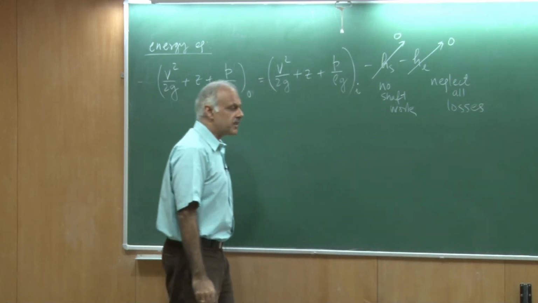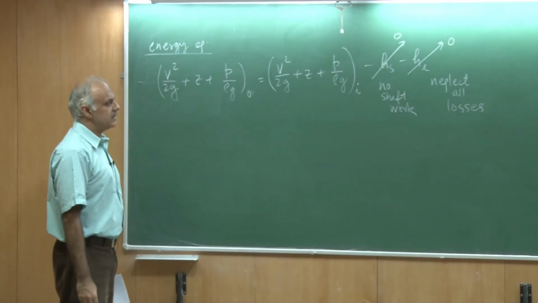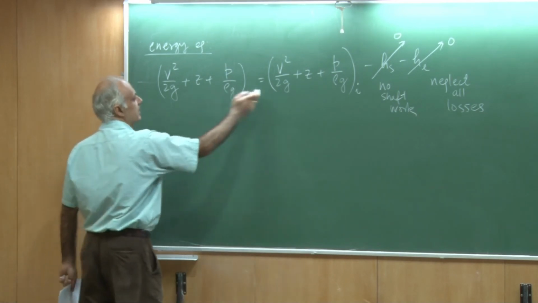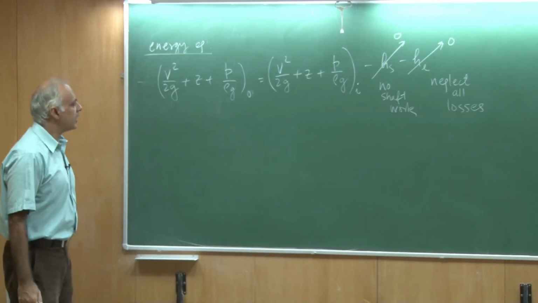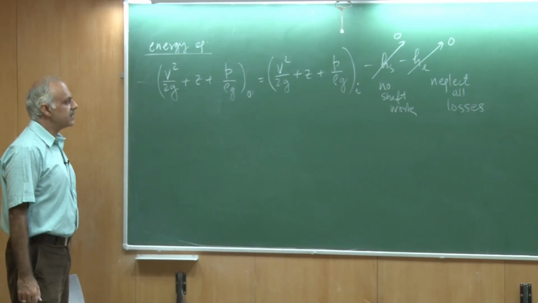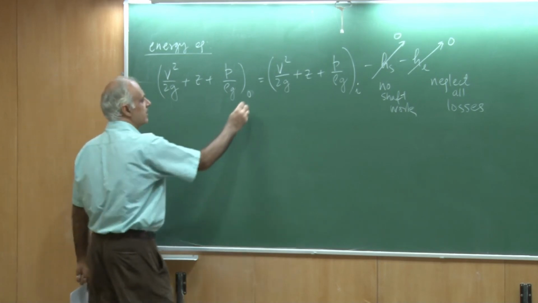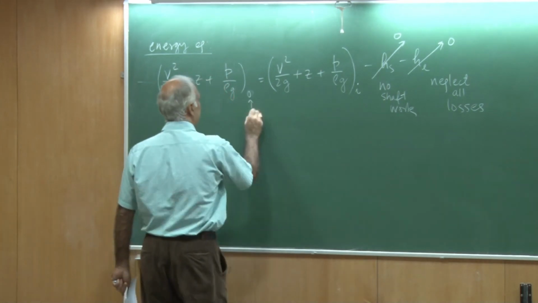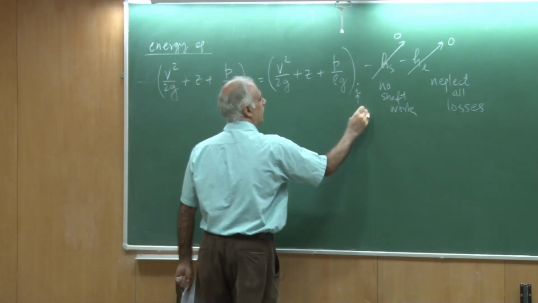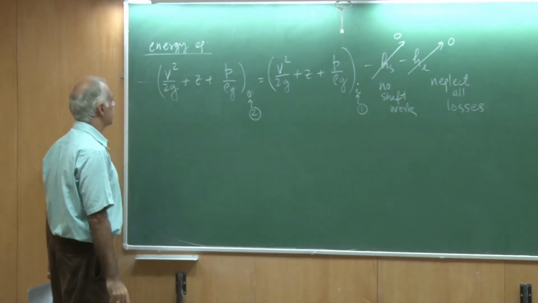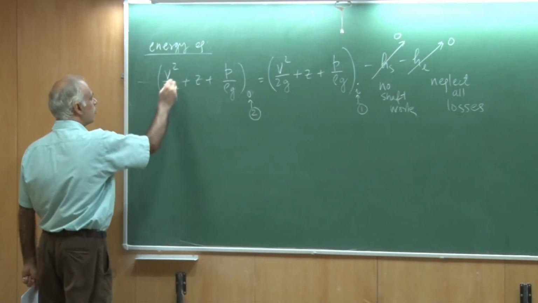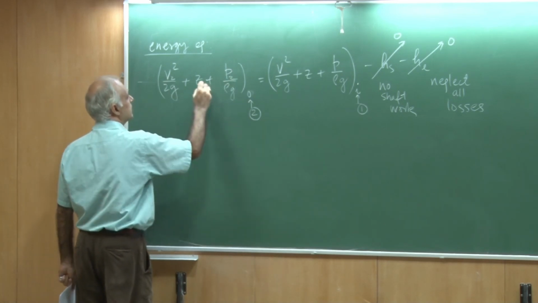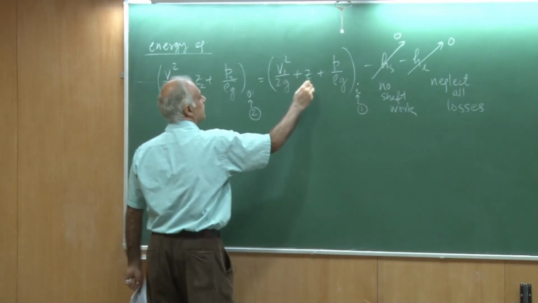So we are going to assume that there is no viscous loss, there is no other loss that could take place, and therefore the mechanical energy at the outlet, which is port 2 which has been marked, and the inlet is port 1. So therefore this quantity is V2 squared, this is P2, this is Z2, this is 1, 1 and 1.